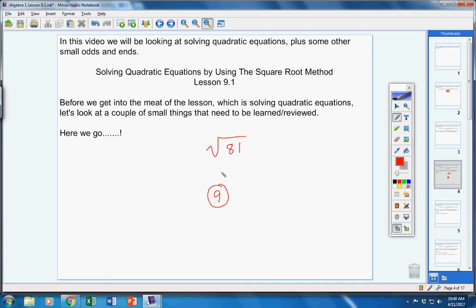The square root of 81 is 9. However, if I had the square root of 87, then you've got a choice to make. You're either going to leave your answer like it is, which is radical form, or you're going to type into your calculator and get out a decimal answer. Got it? Okay. If you missed any of this, back it up and watch it again.